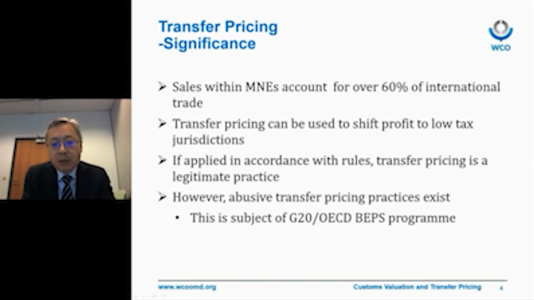Just now we mentioned that if applied according to the rules, transfer pricing is a legal activity. So what kind of rules are we talking about? Are there any international rules specifically for transfer pricing? Yes, we have.